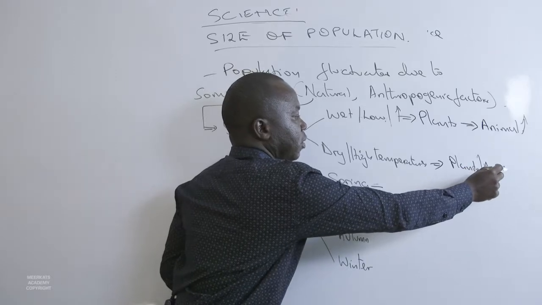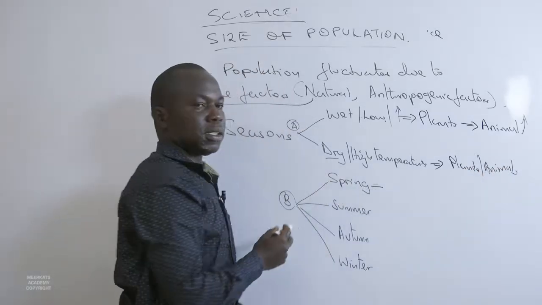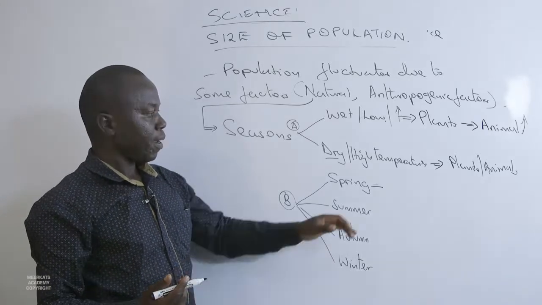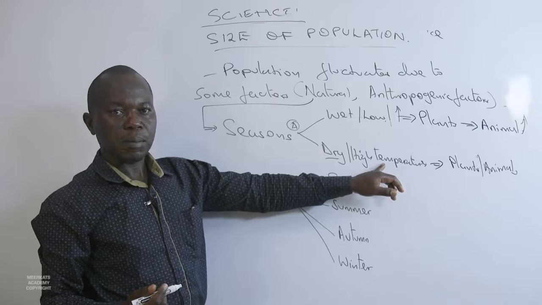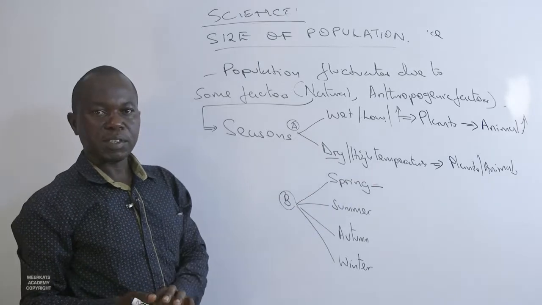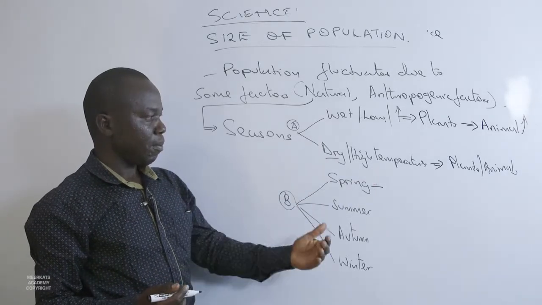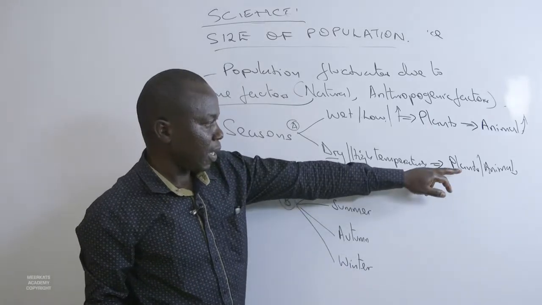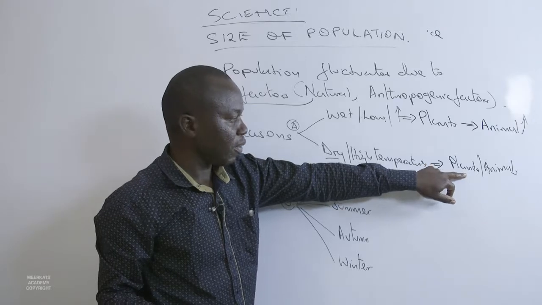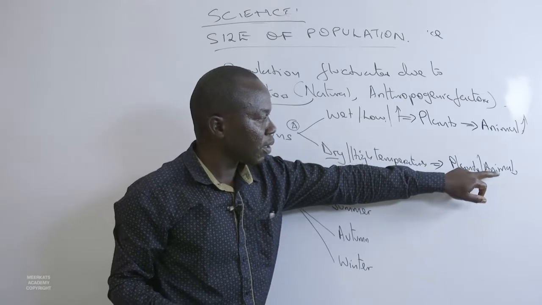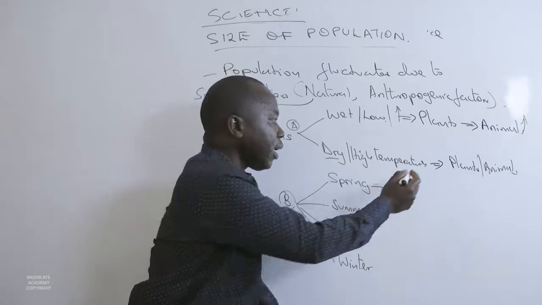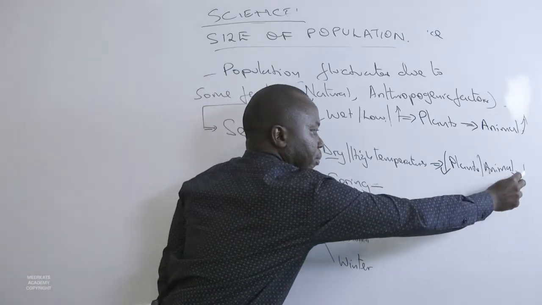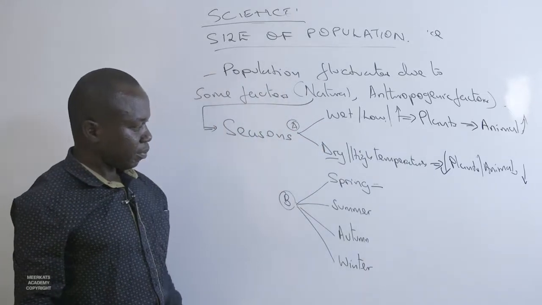Remember, dryness comes with a decrease in the amount of water. High temperature, as we are able to find out, affects the activity of enzymes. Some of the enzymes become denatured. So plant growth will be affected, and animals also. In the end, there's a drop in the population of plants and a drop in the population of animals.